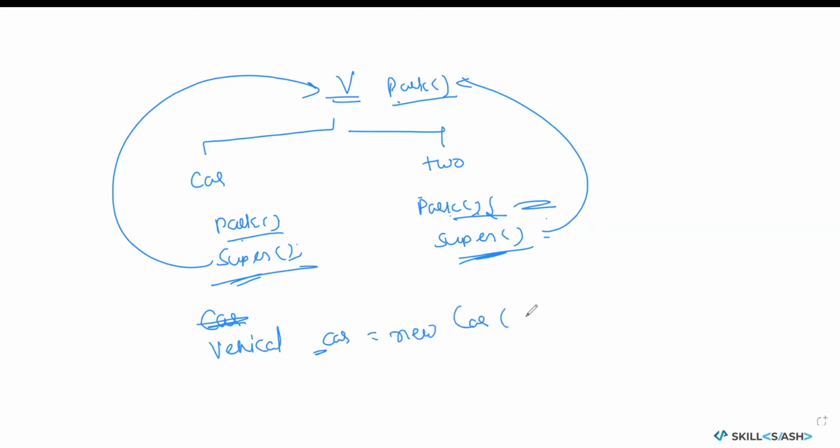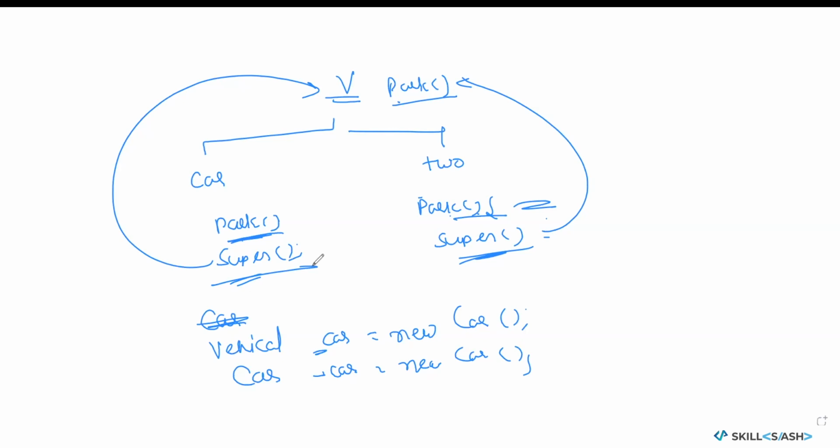If I create an object like this, car _car equals new car, can I call the method of this park? Your question was that only, right? With the car object. Now tell me your question.